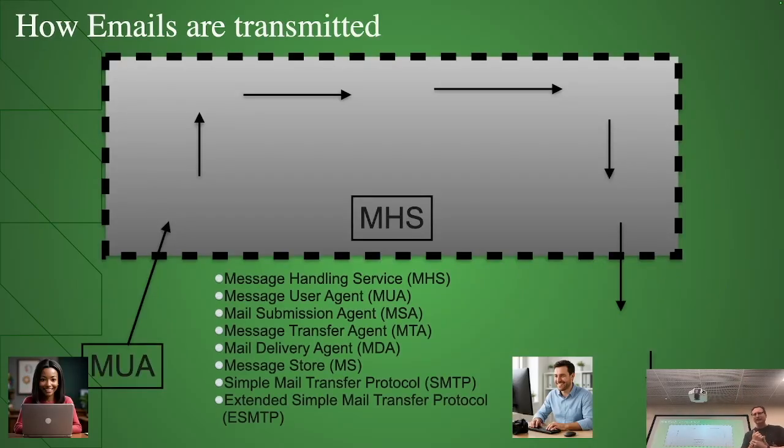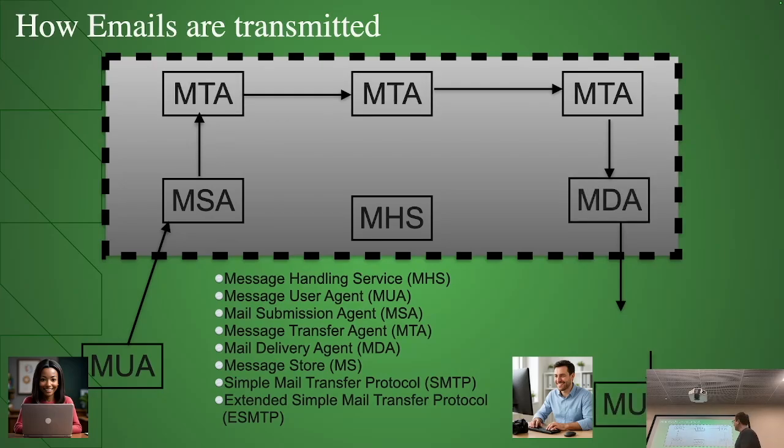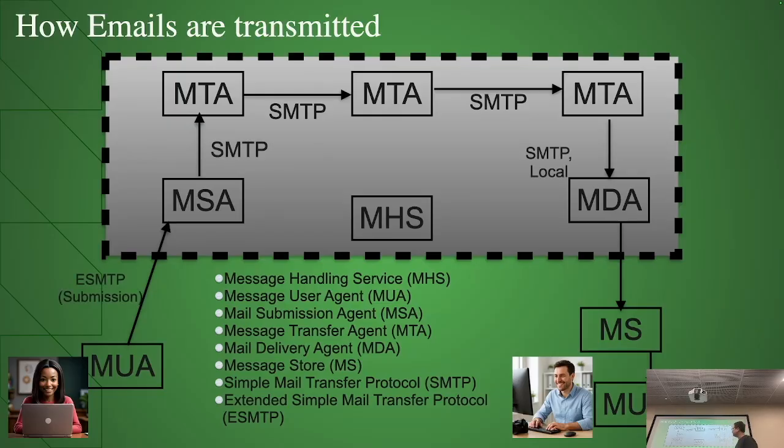And then I wanted to get into a little bit of how emails are transmitted. So here we go. We have the message user agent, which creates that email, and what they use to transmit it. The ESMTP, the E stands for extended, the Simple Mail Transfer Protocol for the actual SMTP.